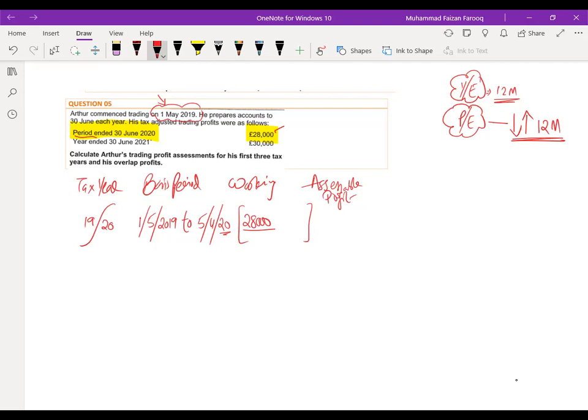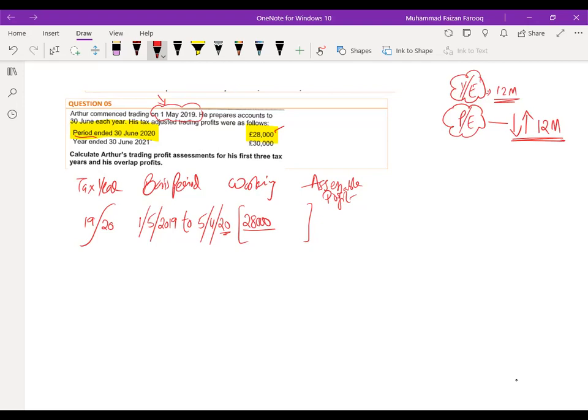14. Can you check again? Is it 15 months? 14 months. Check again.